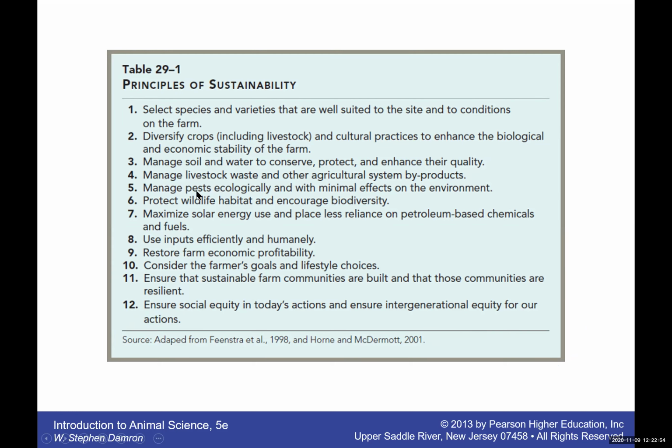Manage pests with products or practices that are minimally intrusive to the environment. You don't want to dump a lot of carcinogens on food crops and hope that those products turn out safe or all right for your production as well as the environment and the people around.